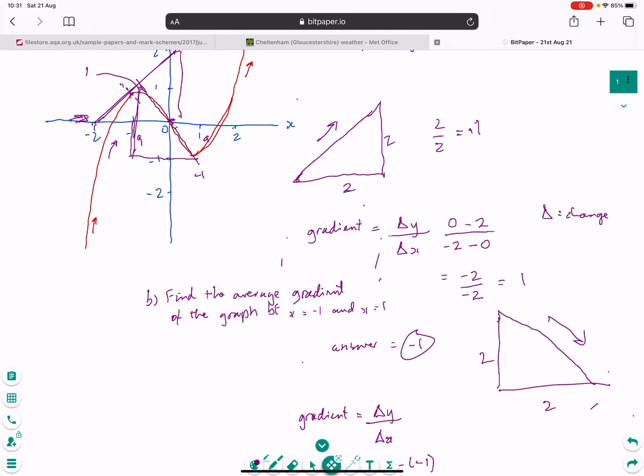Whereas the x here, we're starting with minus 1, and then we're taking away a positive 1.